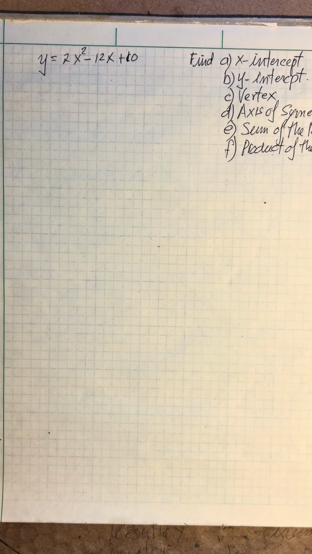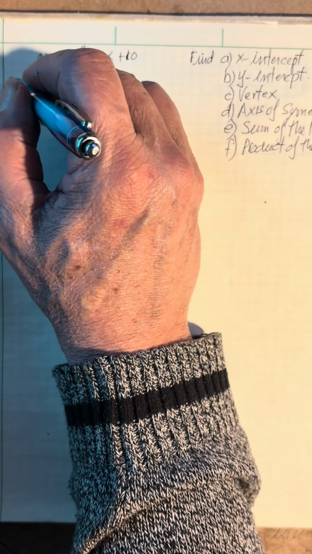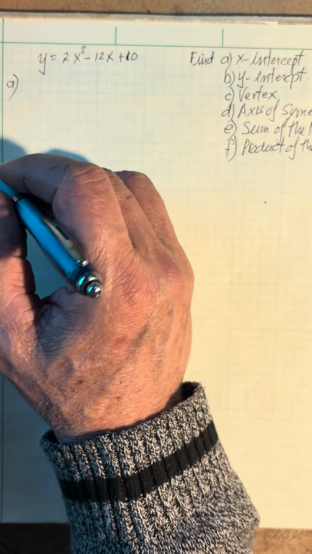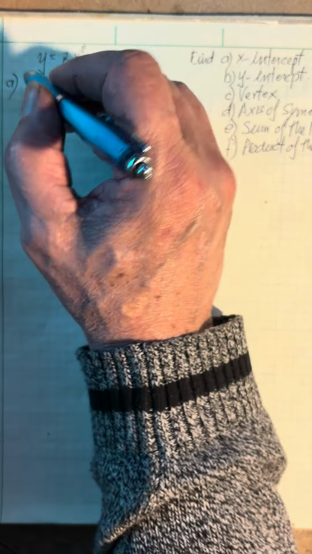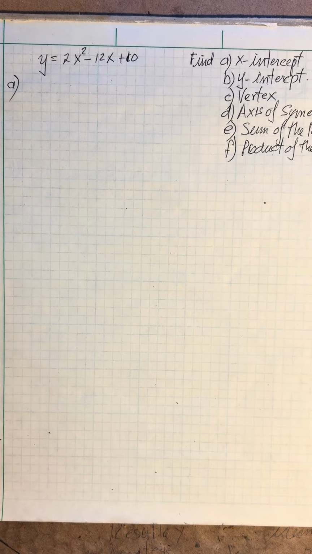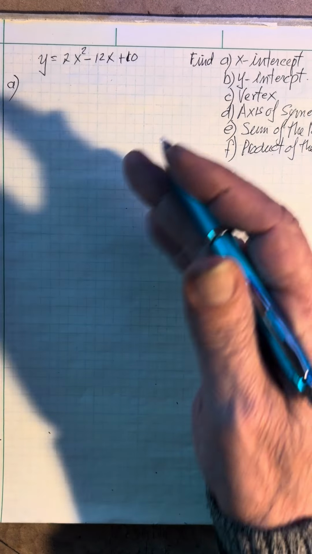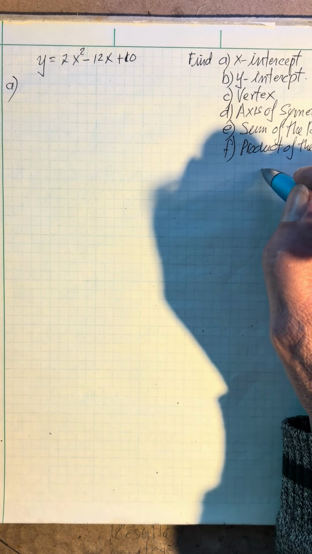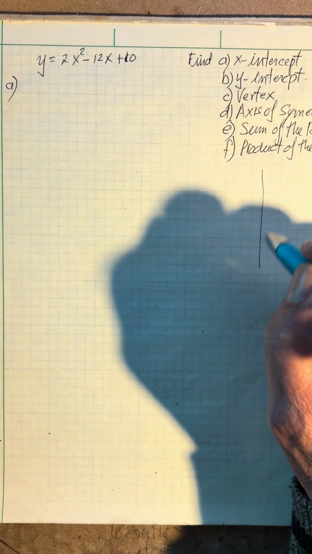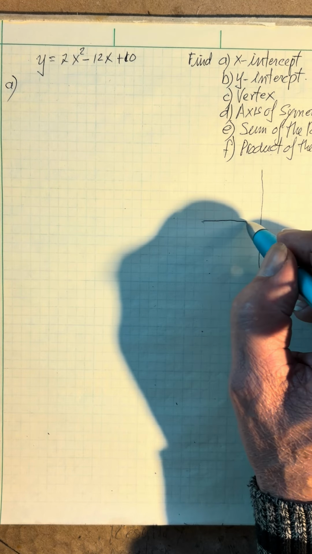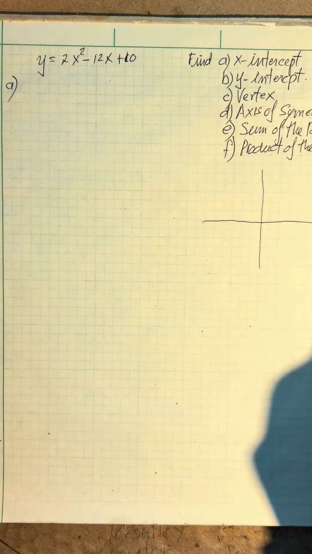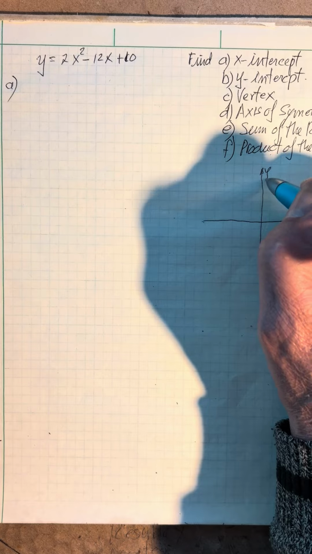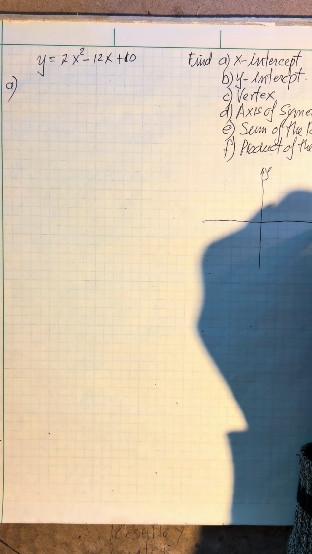So we're going to start with question A, which says find the y-intercept. Well, the y-intercept is, we'll do a small little graph here. This is the y-axis, and this is the x-axis.